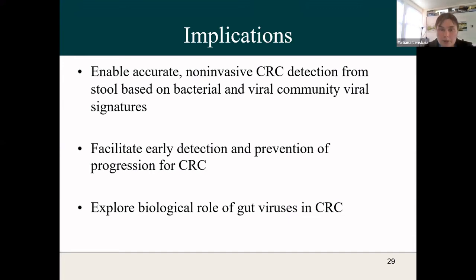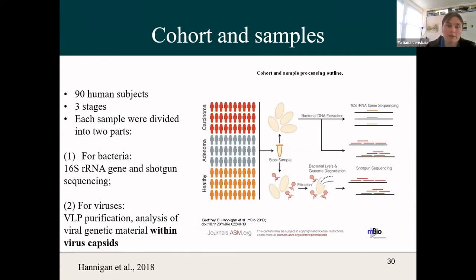And also, it's interesting to understand the role of gut viruses in this disease. So this particular study was done by Hannigan et al. in 2018, and they had data from 90 human subjects that has 3 stages. Some of them are healthy, then have adenoma, which is a benign tumor that is not a cancer, and also carcinoma, that is cancer.